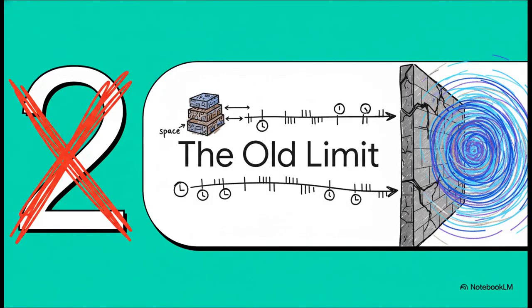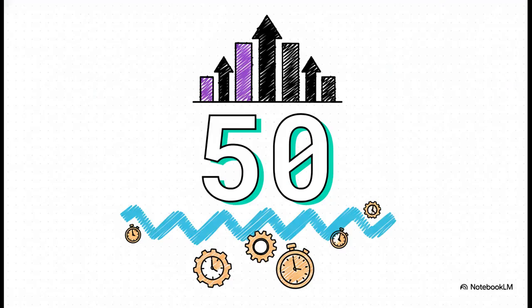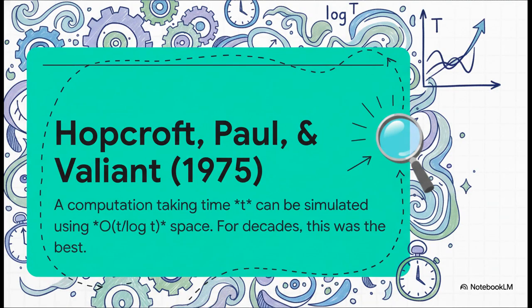And that lack of progress meant that for a very long time, scientists were just stuck at a specific wall, an old limit that defined the best we thought we could ever do. Yeah, you heard that right. For half a century, the best-known trade-off between time and space in these theoretical computations just went completely unchallenged. This was the line in the sand nobody could cross. For 50 years.